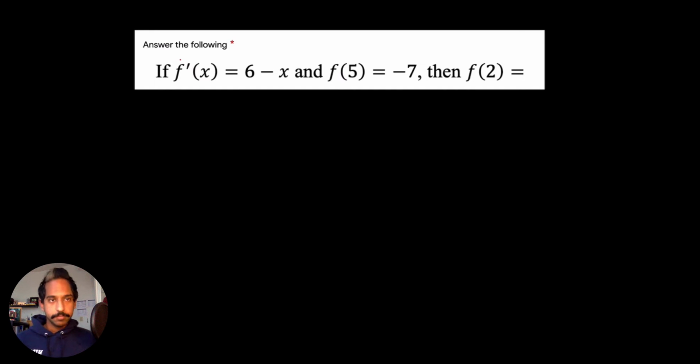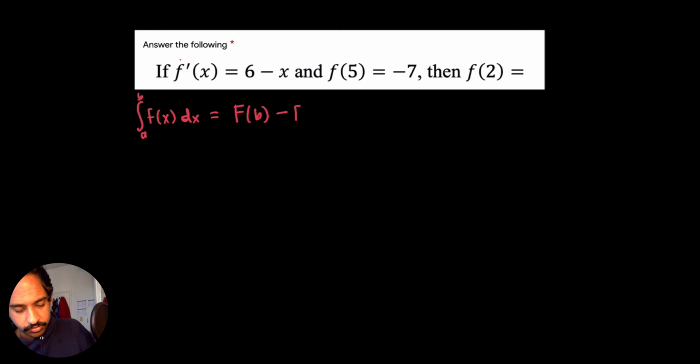To remind us, the fundamental theorem of calculus tells us that the definite integral between 2 points of a function f of x dx will equal the antiderivative at b minus the antiderivative at a, the lower bound.